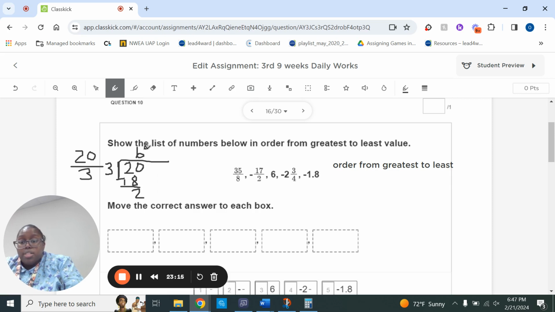Remember, you start at 12 o'clock, so that means you start here. This is our whole number. Working around the clock will take us to our numerator. And then continuing around the clock will take us to our denominator. So this improper fraction will now be 6 2/3.